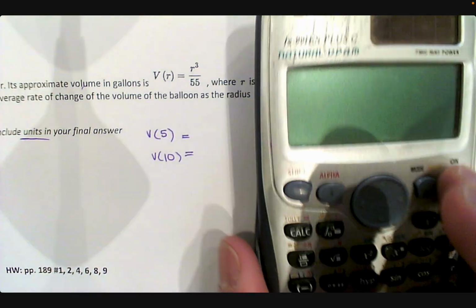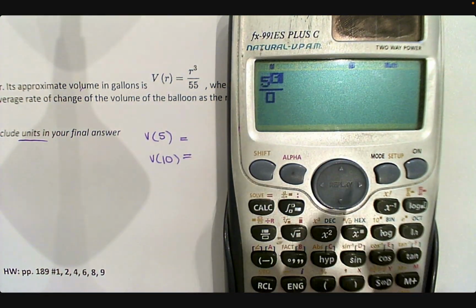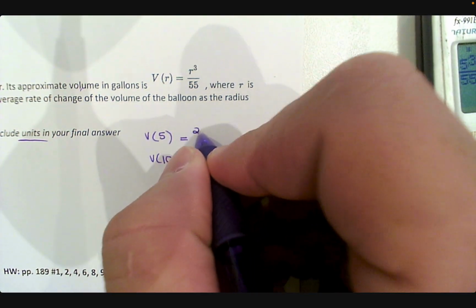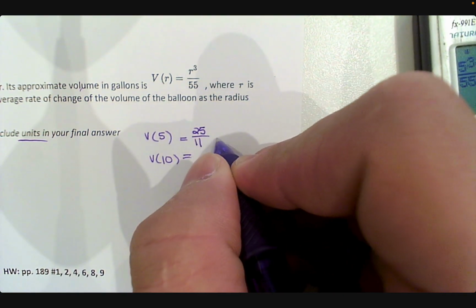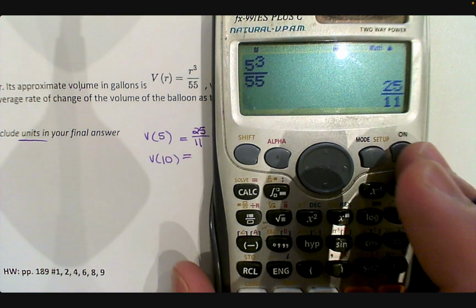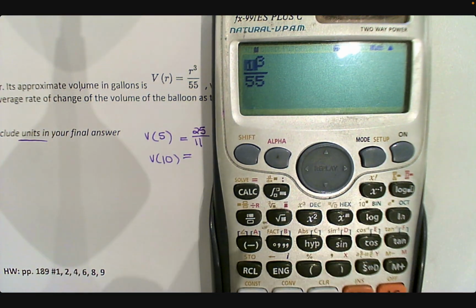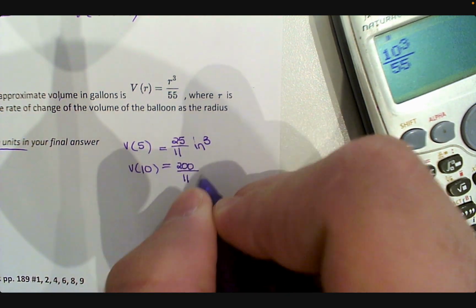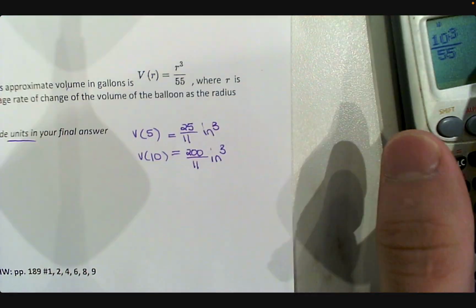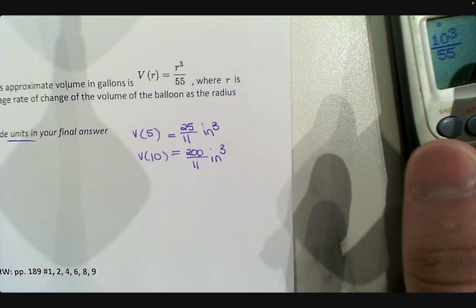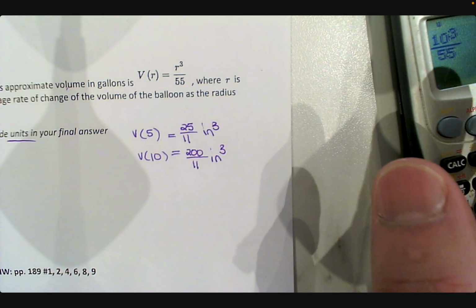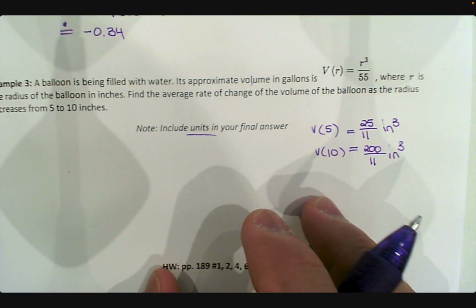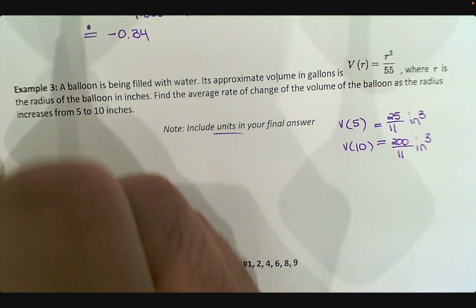I'll utilize the help of my calculator here. I'm just going ahead and subbing in those R values into my equation. And now that I have those, I'm going to go ahead and set up my AROC equation.